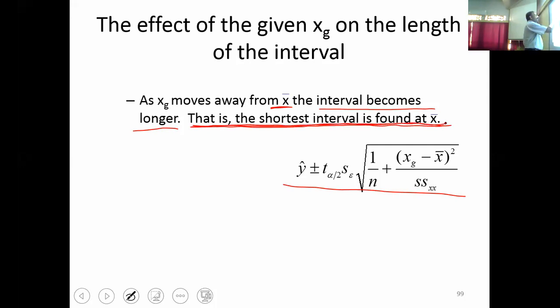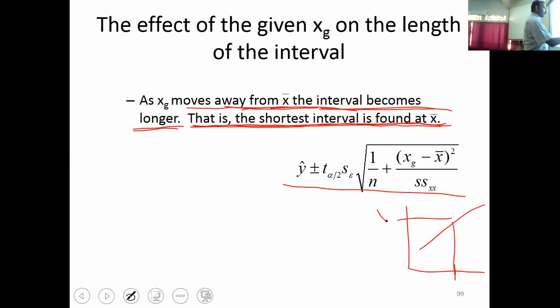If you go away from x bar, the intervals become long, as I pointed out earlier. Let's say this is x bar, this is y bar, x bar.